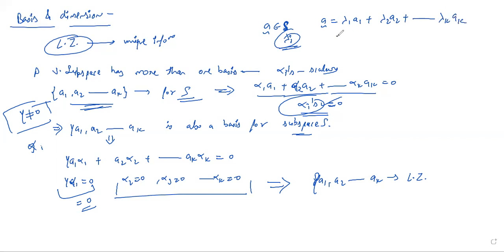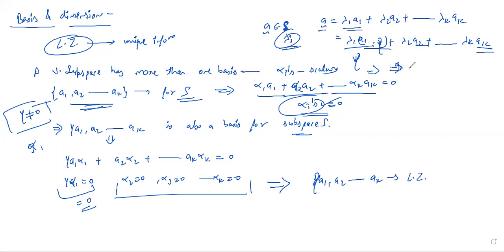In the first term, if I multiply and divide by the scalar gamma, it gives lambda 1 over gamma into gamma a1 plus lambda 2 a2 to lambda k ak. From this we can see that the vector a can also be written as a linear combination of gamma a1, a2 to ak.